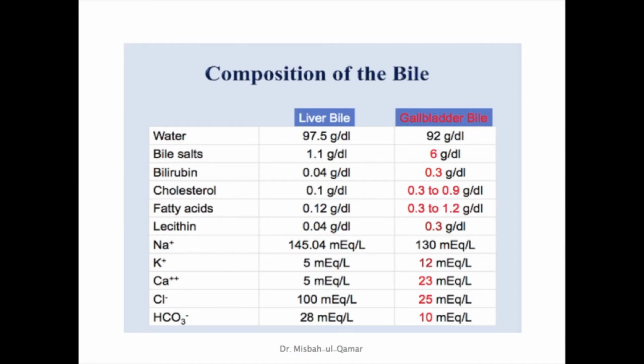Absorption is caused by active transport of sodium through epithelium. This transport is followed by secondary absorption of chloride, water, and others. So, bile is concentrated, which contains bile salts, cholesterol, lecithin, and bilirubin.